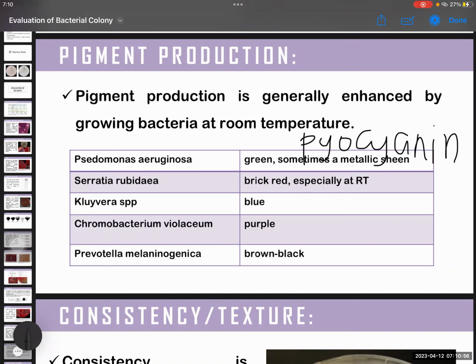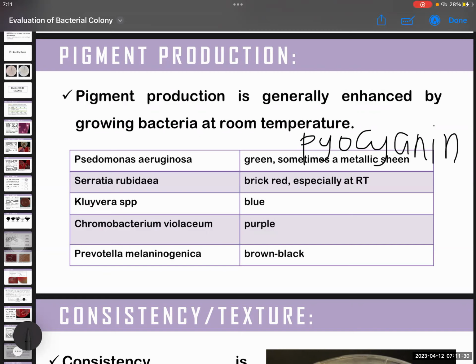So, back to Pseudomonas. Again, all Pseudomonas are capable of producing a specific type of pigment, very commonly brown and red. But only Pseudomonas aeruginosa can produce that characteristically bluish green or greenish blue pigment due to the presence of thiocyanine. It may sometimes look metallic, so metallic green colonies are Pseudomonas aeruginosa.